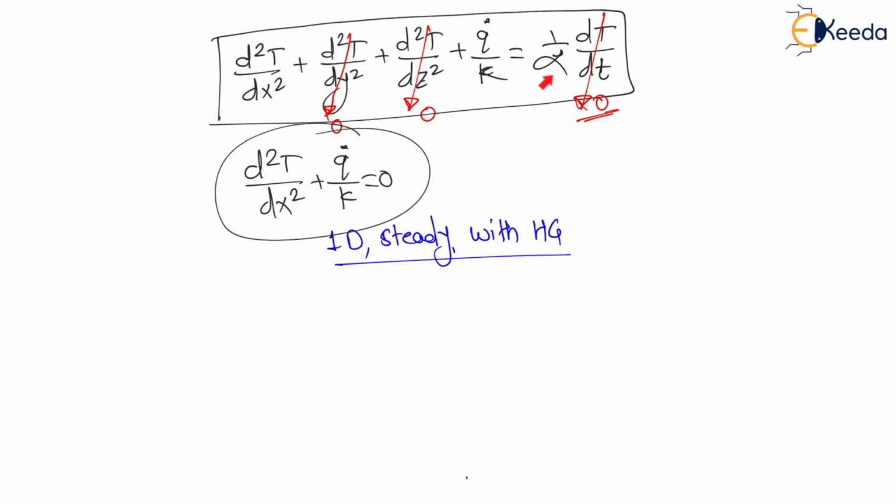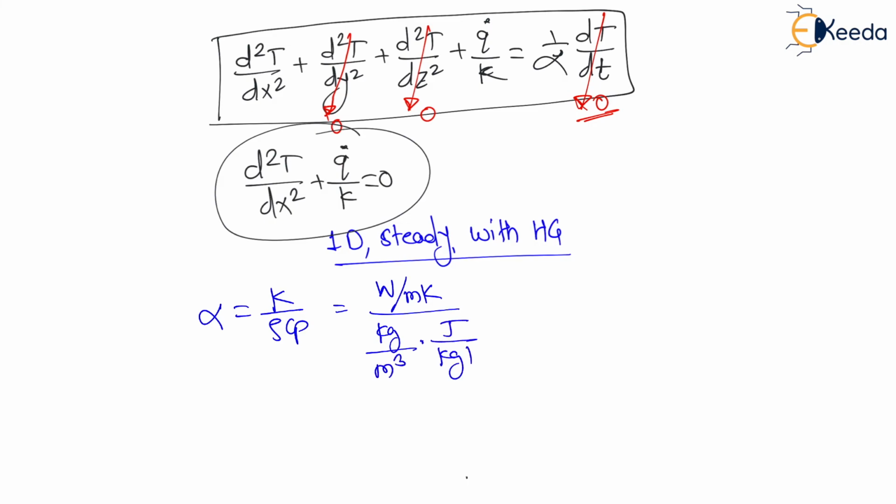Now again my dear students, the unit of thermal diffusivity is also very important, right? Thermal diffusivity is nothing but thermal conductivity divided by rho Cp. The unit of thermal conductivity is watt per meter Kelvin, the unit of density is kg per meter cube, and specific heat is joule per kg Kelvin, right? From here kg will get cancelled, Kelvin will get cancelled.